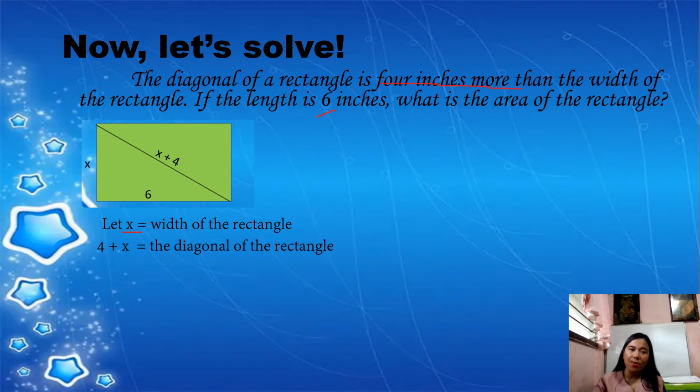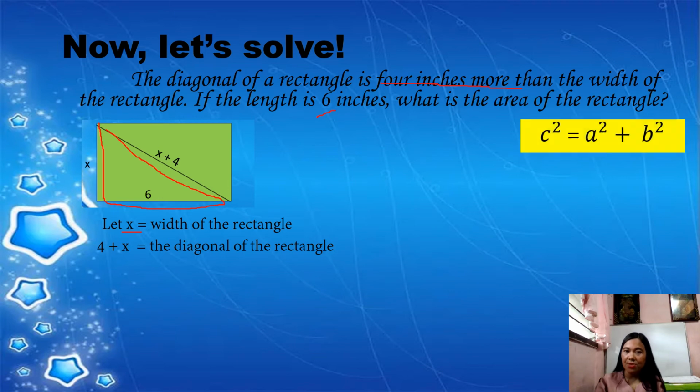Okay, so we now have x, 6, and x plus 4. Now take note that the figure created based on the given is actually a right triangle. And you have learned already that for right triangles, the Pythagorean theorem is very famous, which is the c squared equals a squared plus b squared formula.